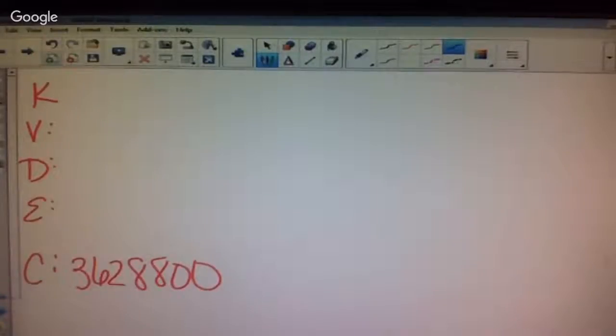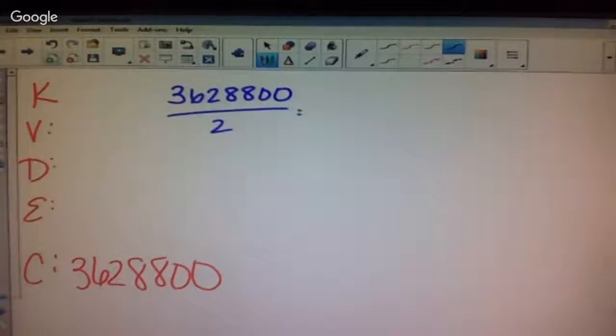Let me run through this last one and then I'll let you go. Okay, so remember, we started with this number and we work ourselves backwards. So we start with our small number and we divide. We divide by 2, which gives me 1,814,400.